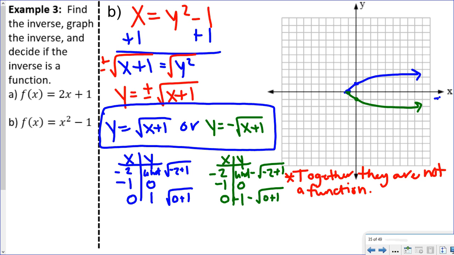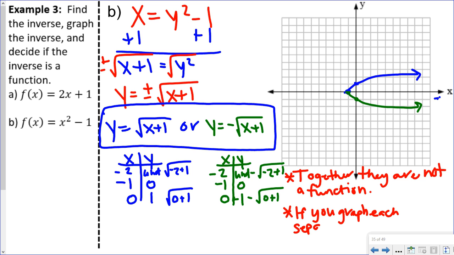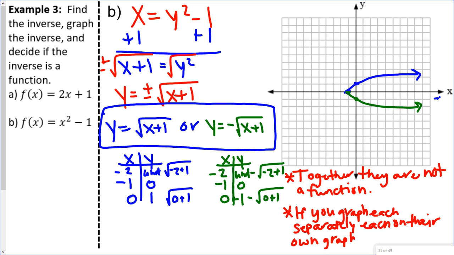But if you graph each separately, each on their own graph, then they are functions. Each is a function.